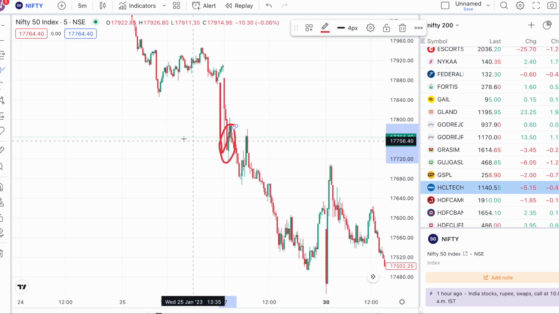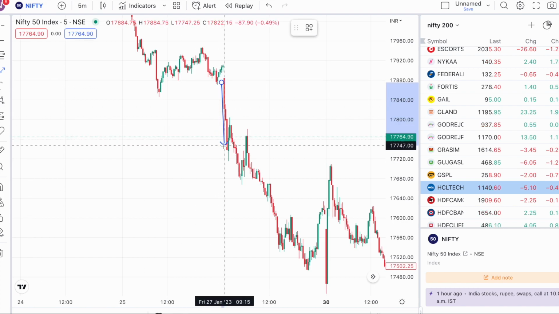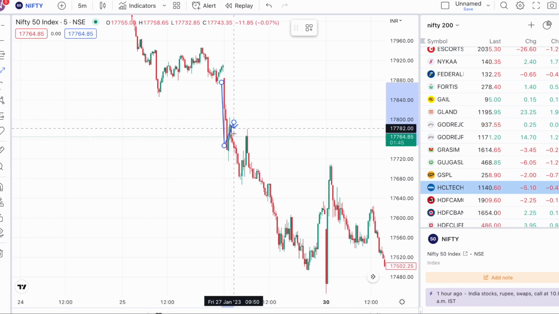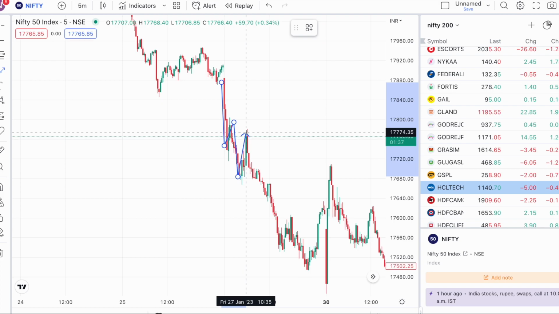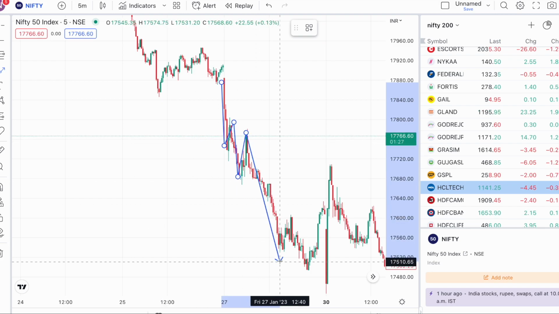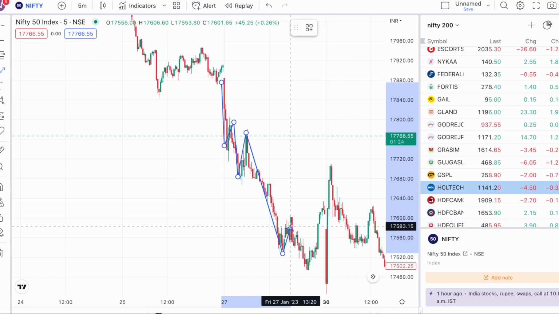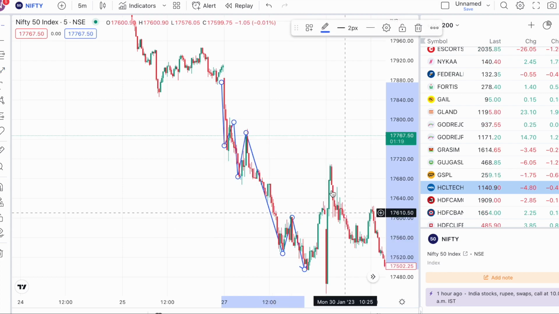Again, this is an impulsive move, this is a reactive move, again an impulsive move. If you see over here, this is also an impulsive move by the green, right? And again there was an impulsive move, continued by a reactive move, and then again an impulsive move.